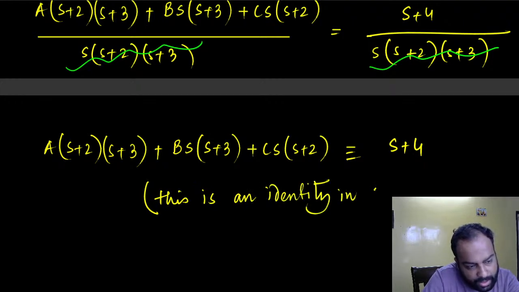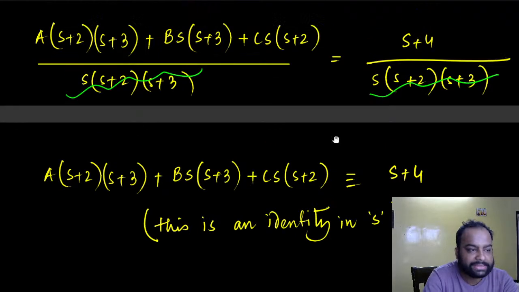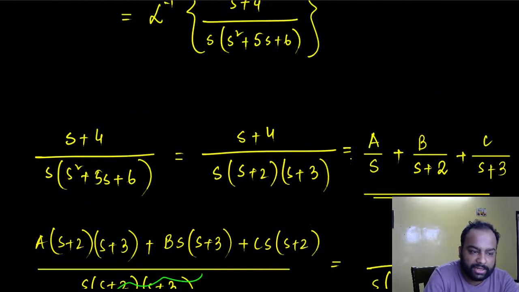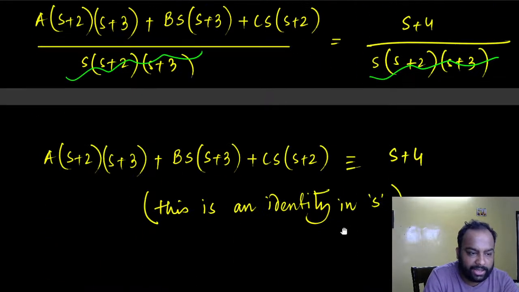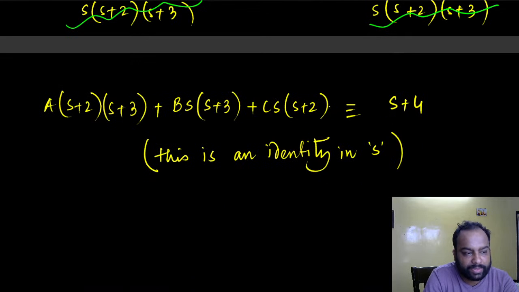What it means is that this is not an equation. This is identical, completely equivalent, right? So for every value of s, this should be true.